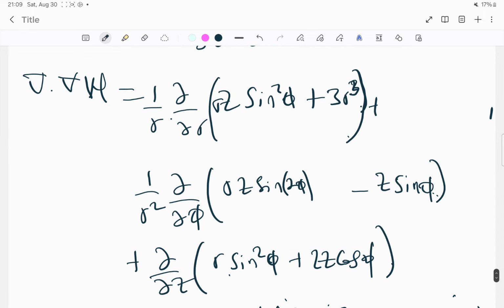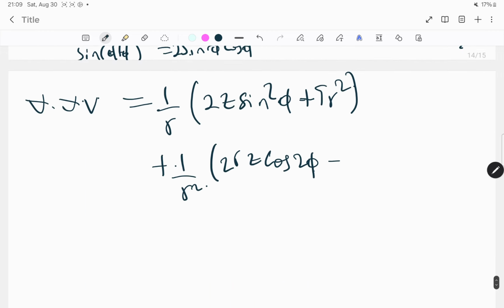Because here too is z square. Let me see. First one we differentiate, so it will be z square. So this will be z square. So if you differentiate this time, yeah, sine phi again, we get cos phi.